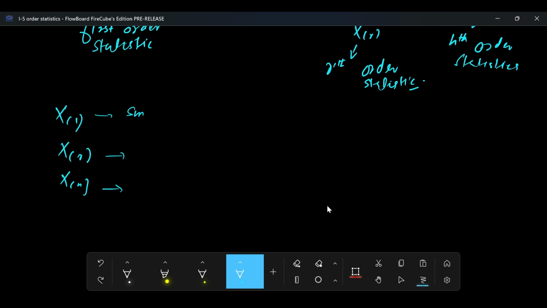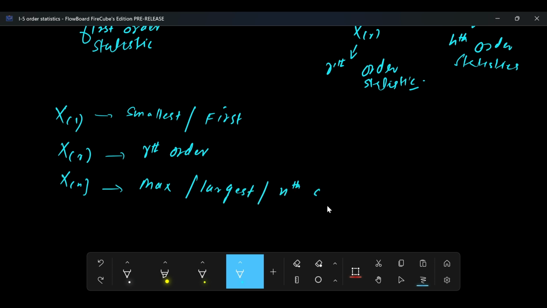X1 is the smallest order and first order statistic. Xr is the rth order statistic. And xn is the maximum order statistic, or largest order statistic, or nth order statistic.